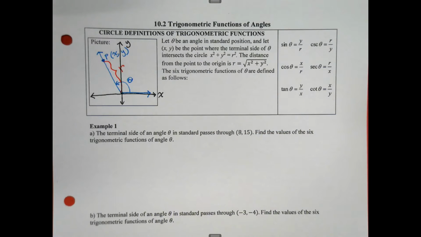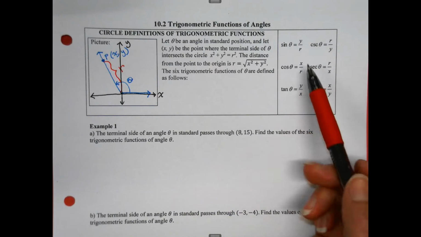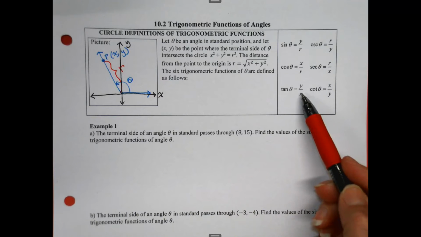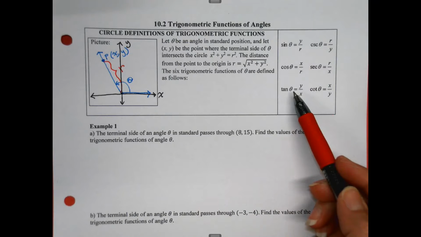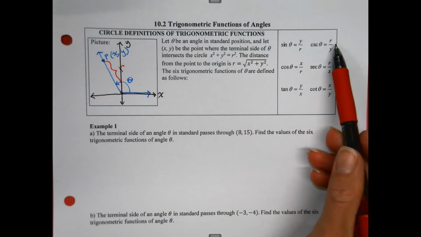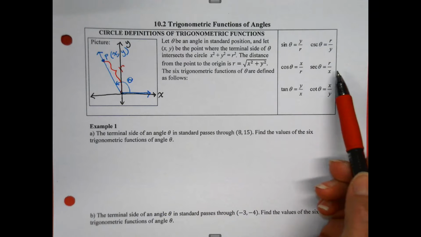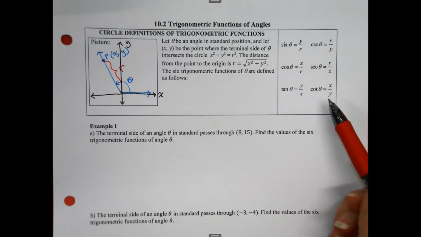And the 6 trigonometric functions of theta are defined as follows. You should be familiar with sine, cosine, and tangent from geometry and algebra 2. We're going to add in cosecant, secant, and cotangent in this chapter.